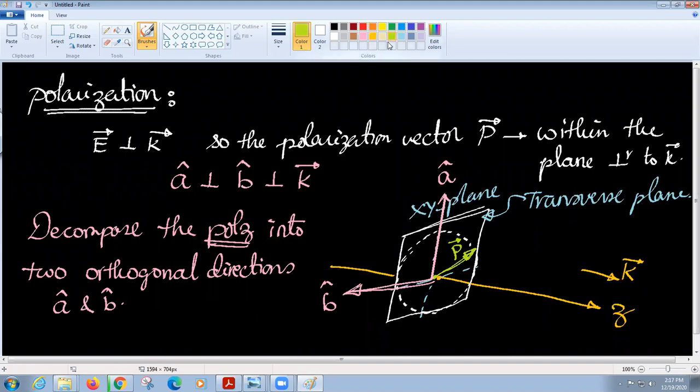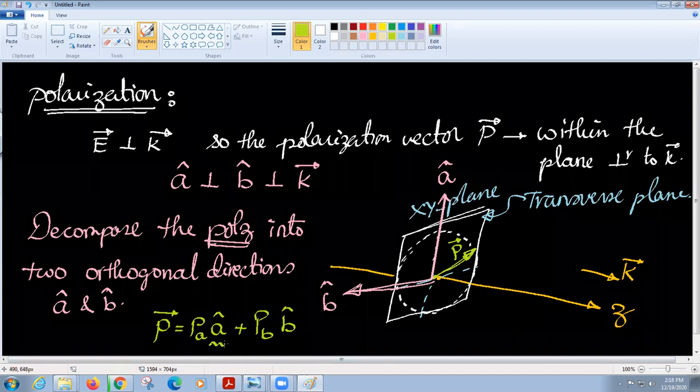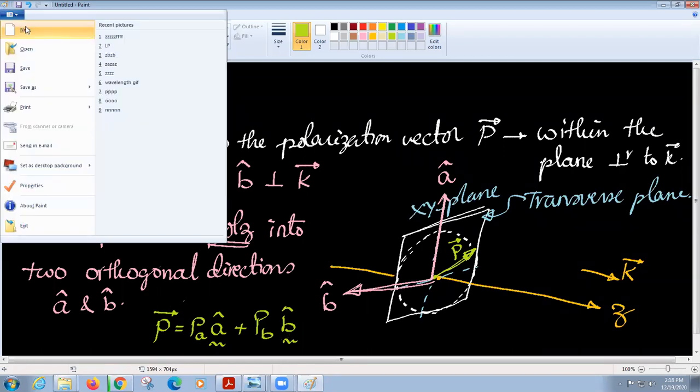So what we are going to present is this. My polarization vector P, I can decompose into two orthogonal components, PA A roof plus PB B roof. So these two are directions. I have direction A and direction B. Otherwise, I have orthogonal directions A and B. So my P is equal to PA plus PB.